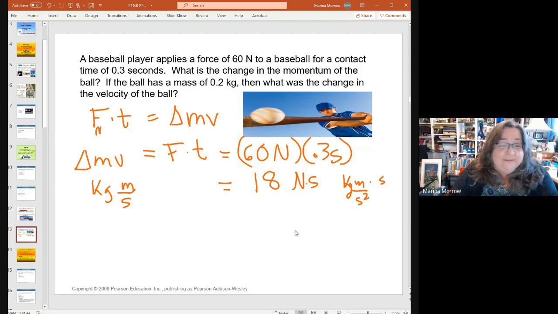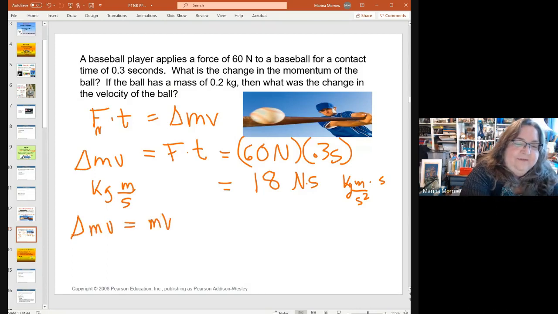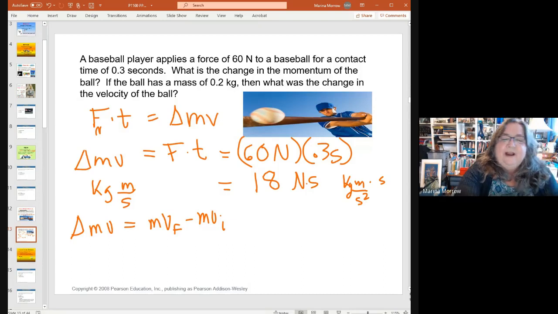The ball's not ripping apart or anything. And so when we're writing change in momentum, which would be m v final minus m v initial, we don't have to worry that the mass is actually changing. We just need to think about the velocity that's changing, right? So that's what we want to know here. What is the change in the velocity of the ball?